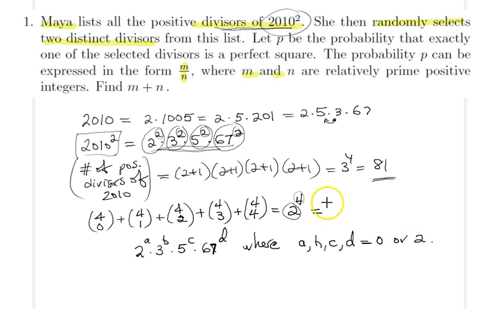But anyhow, regardless, we got our number 16. So 16 of these 81 divisors of 2010 squared are actually perfect squares.